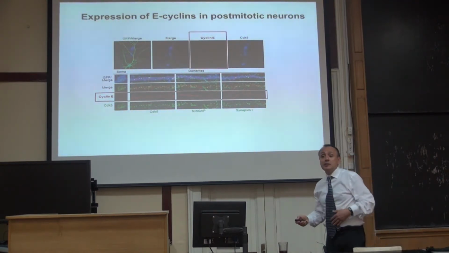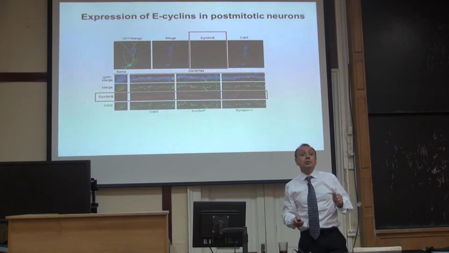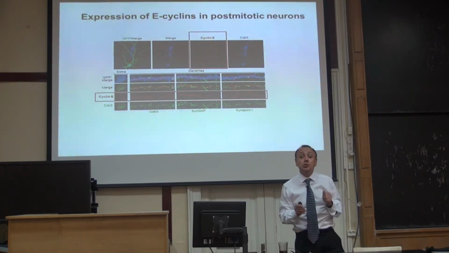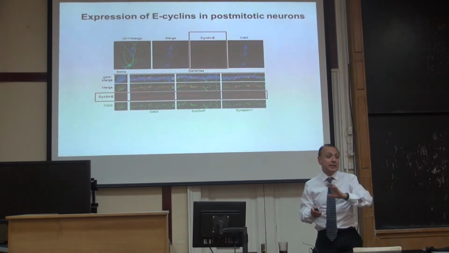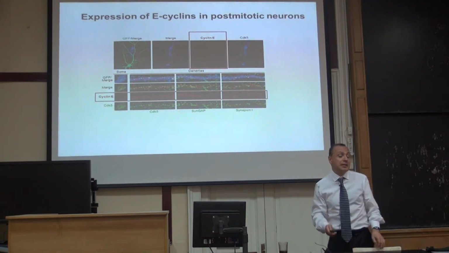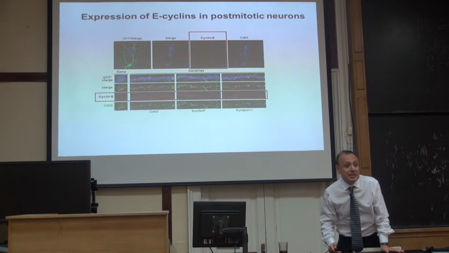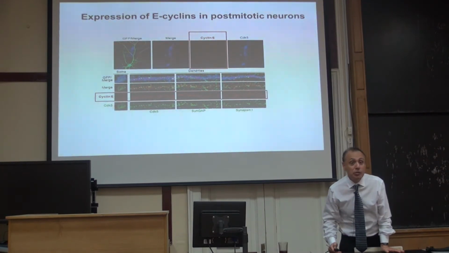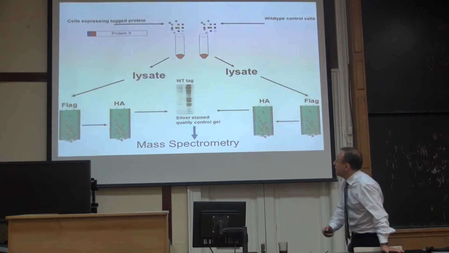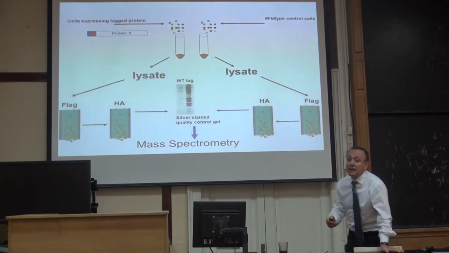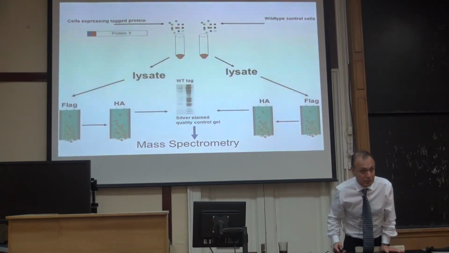And this is different than in proliferating cells, because in proliferating cells cyclin E is strictly nuclear. Whereas here in terminally differentiated neurons, cyclin E is present all over the cell. And this suggested that cyclin E might play a different function in neurons than the textbook function in the cell cycle. So how can we find out what's the function of cyclin E in those neurons?